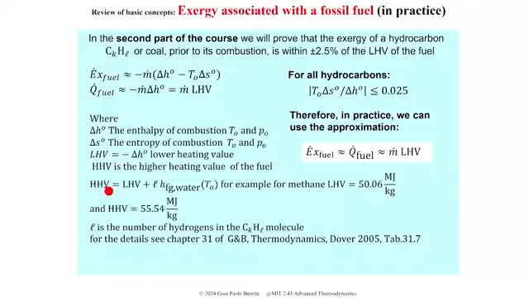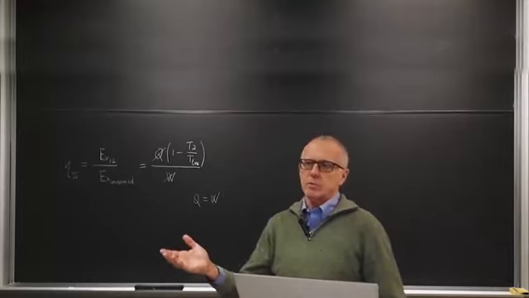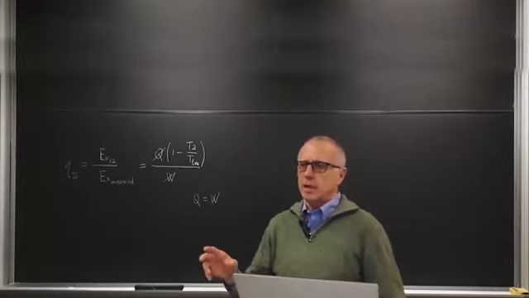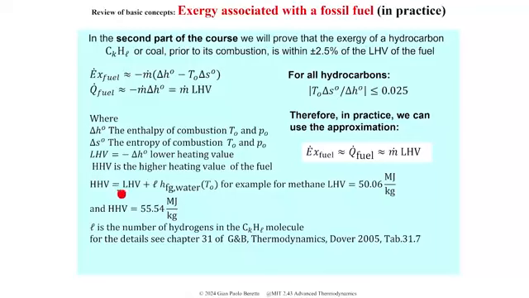So you call it lower heating value when you pretend that water doesn't condense even if you're going down to 25 Celsius. And the higher heating value is the opposite case. You pretend that it all condenses, even though in part the water remains as vapor mixed with the products of combustion. So these are two extremes.